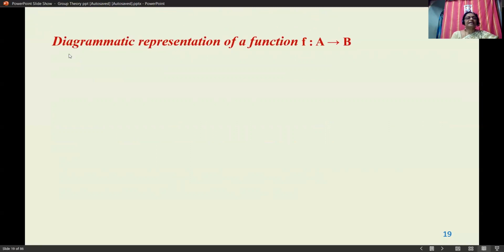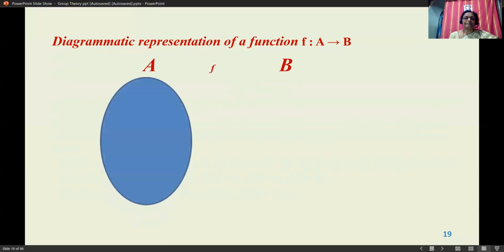Now, the next article is a diagrammatic representation of a function F from A to B. Diagrammatic representation means we have to consider Venn diagrams here. So let us see here. Let A and B be two given sets and F is a mapping.